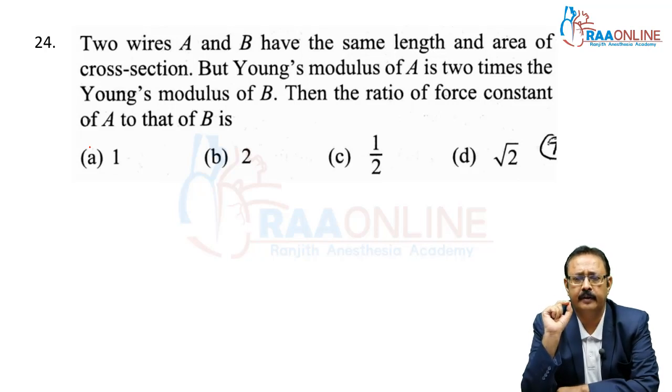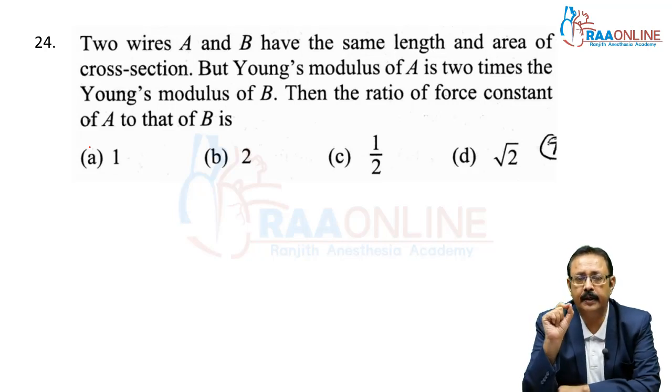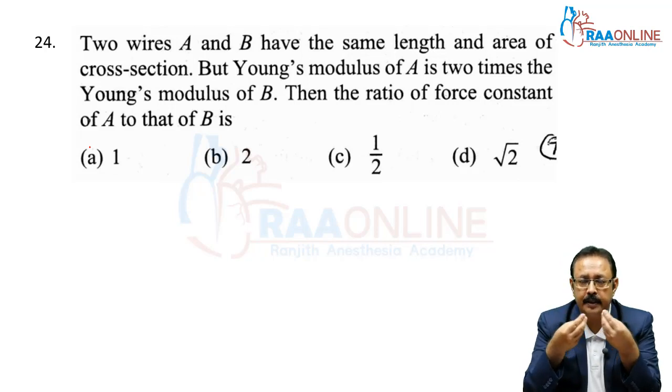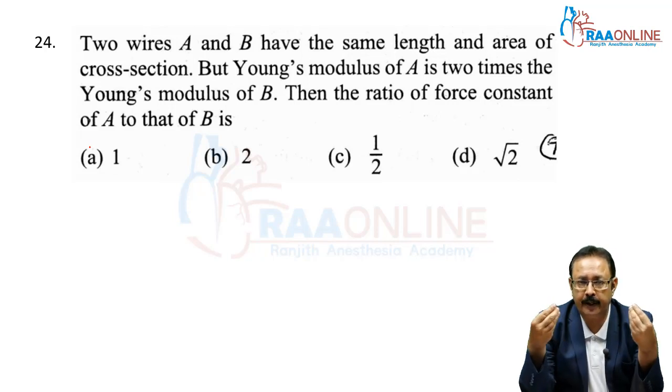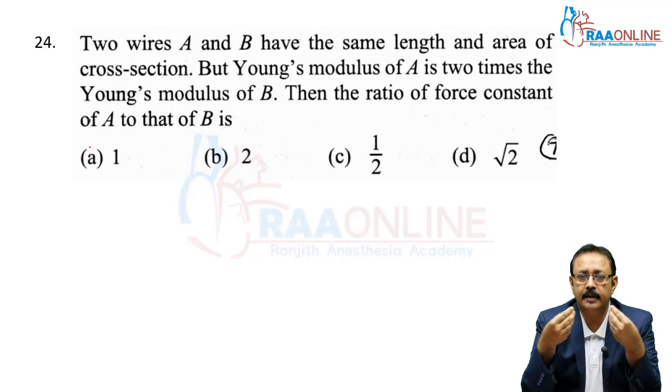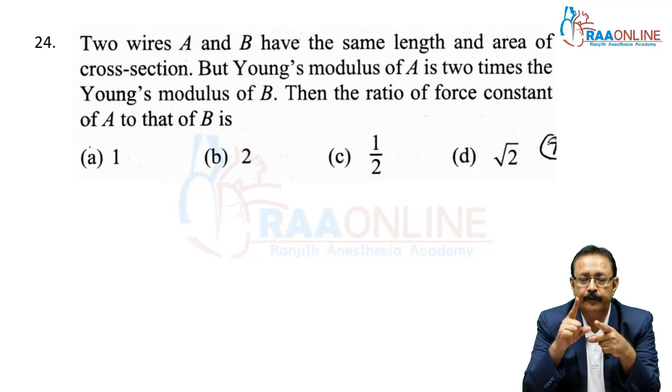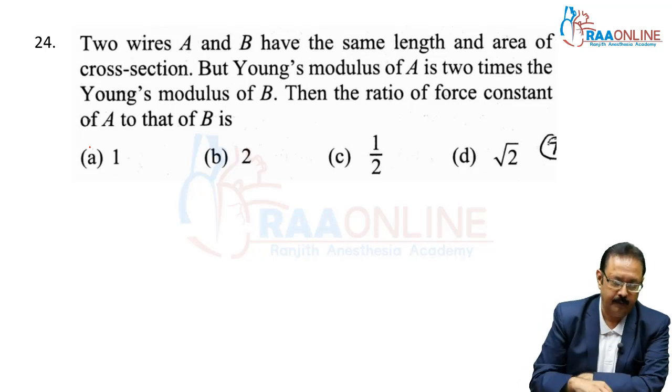Anywhere when you are talking about force constant, it is related to the force required for unit extension. Either you are talking about the atomic distance, where you want to increase the distance between the atoms, or you want to increase the length of a spring or any wire. Force constant corresponds to the force required for unit extension.